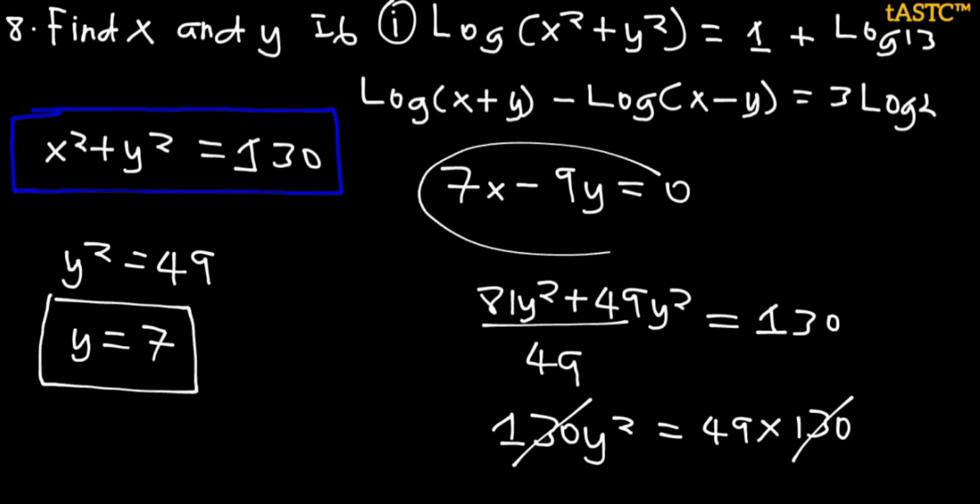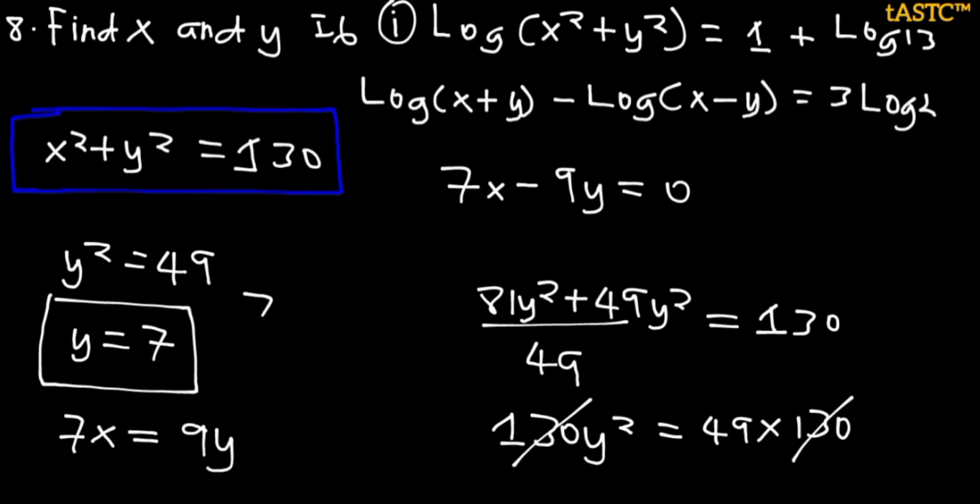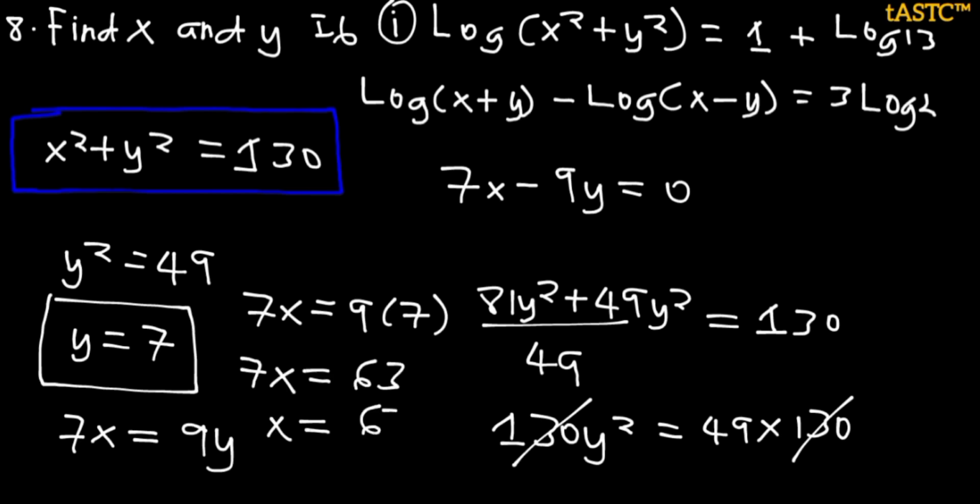Now we're basically going to use this equation to find out what x is going to be. We know that 7x is going to be equal to 9y. So we have 7 multiplied by x will be equal to 9 multiplied by 7, and this is actually going to give us 63. So x is equal to 63 divided by 7, and 63 divided by 7 is 9.